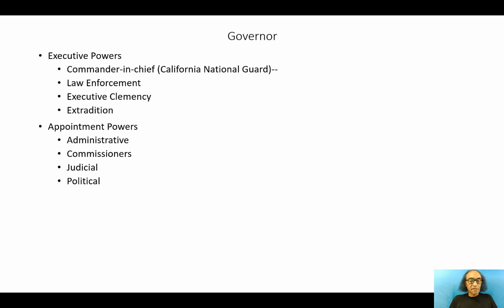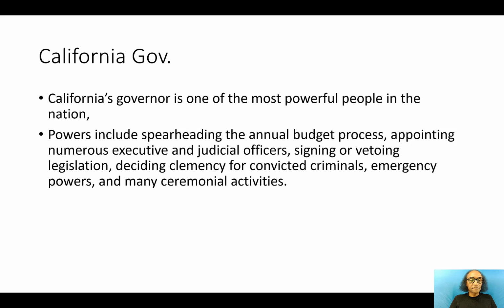Beyond executive powers, the governor also has appointment powers, including appointment of administrative officers, commissioners, judicial officers, and other political appointees. So the California governor is one of the most powerful people in the nation, California being the state with the largest population, and probably, some would say, the seventh largest world economy if California were a country.